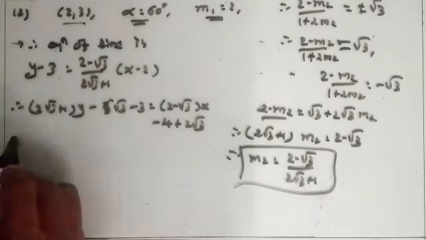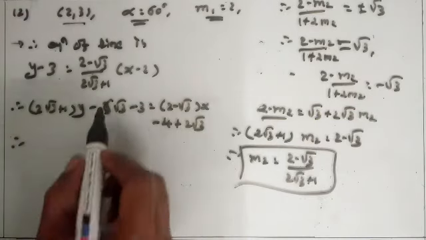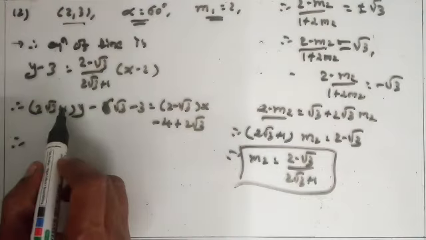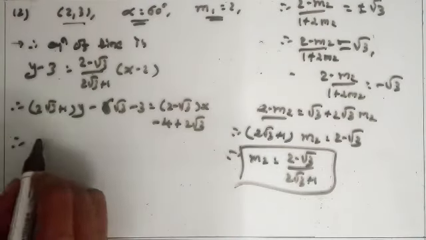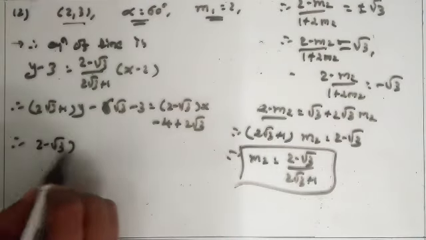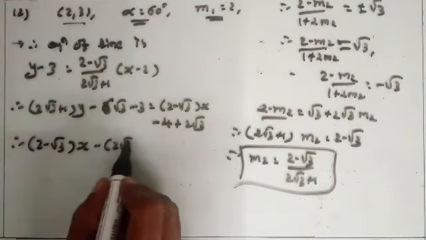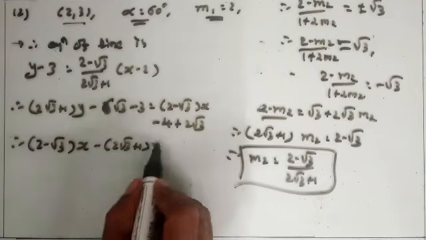Clear? Therefore now simplify this. Here this is a 6. Here (2 root 3 plus 1) y take this side, we get (2 minus root 3) into x minus (2 root 3 plus 1) into y.